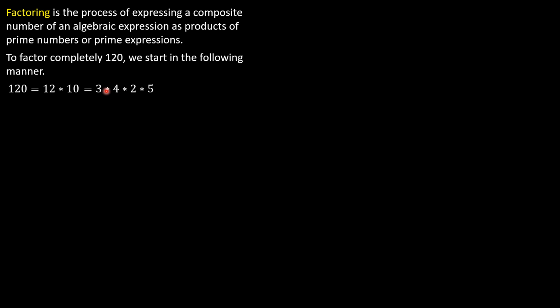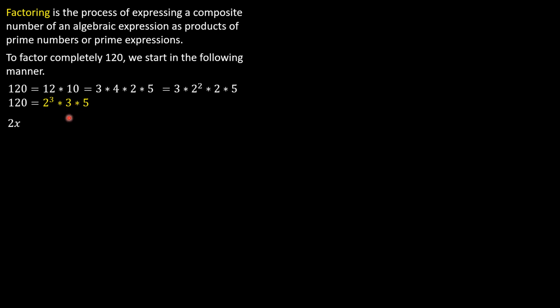Since 4 is a composite number and we factor it as 2 squared, so it is 3 times 2 squared times 2 times 5. So we then express 120 as product of prime numbers in numerical order, so we have 2 cubed times 3 times 5. So 120 is equal to 2 cubed times 3 times 5.